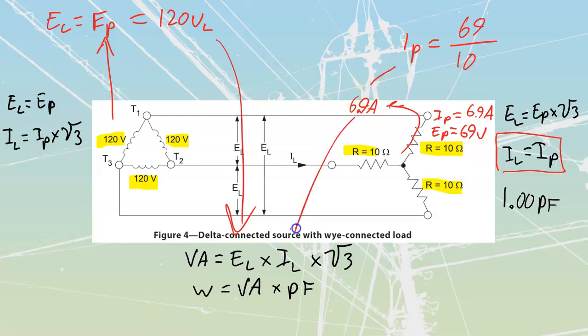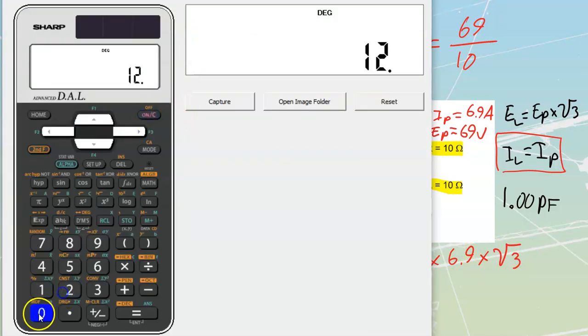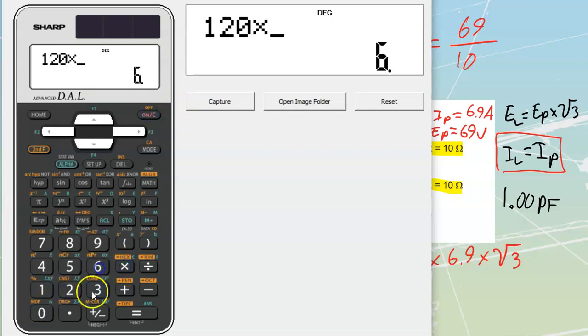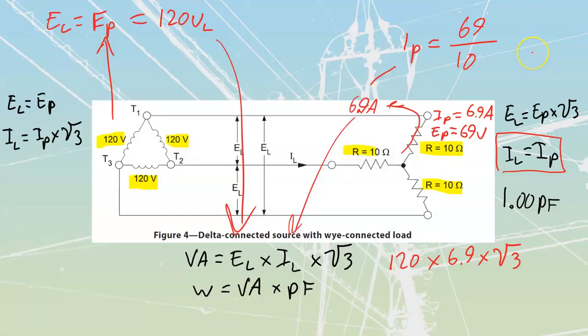We can multiply those together: 120 times 6.9 times root 3 equals 1,434 VA for this system.